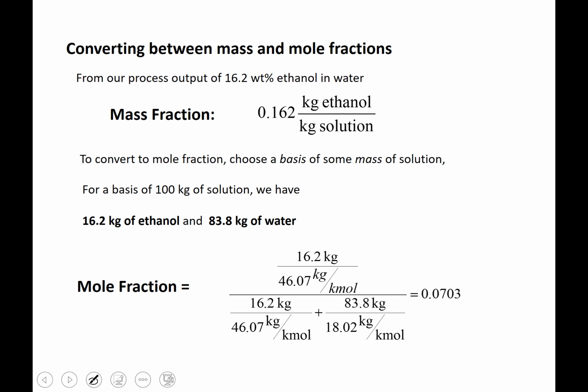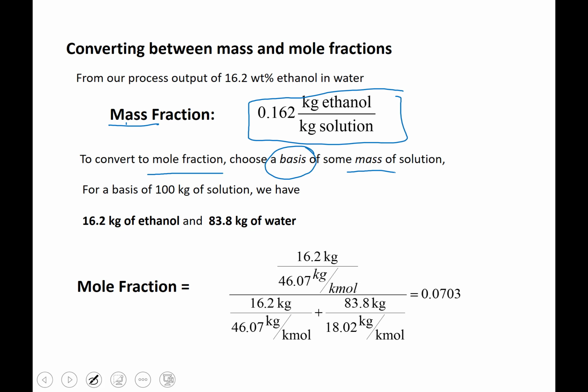Let's talk about converting between mass and mole fractions. We saw that our mass fraction was 0.162 kilograms of ethanol per kilogram of solution. To convert to a mole fraction, we choose a basis for our calculation. If you're starting with a mass fraction, pick a basis of mass.